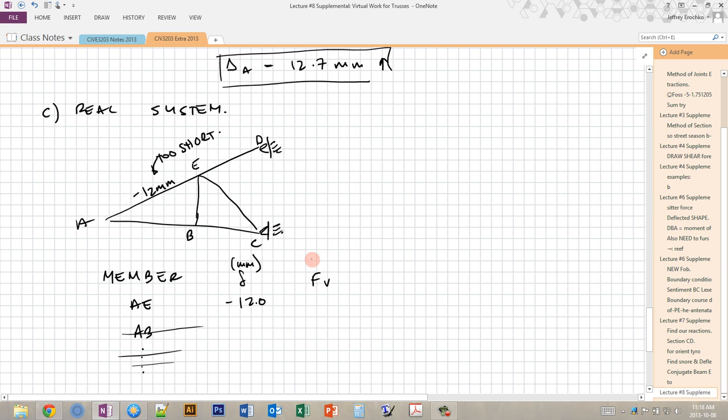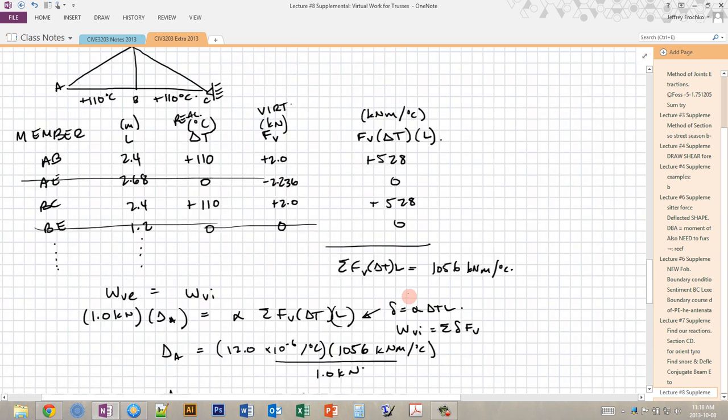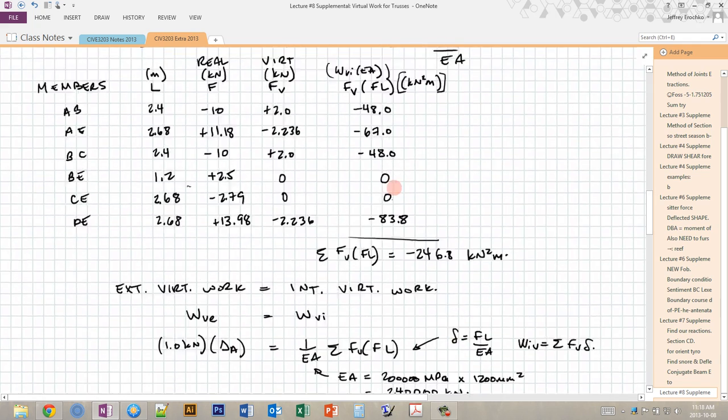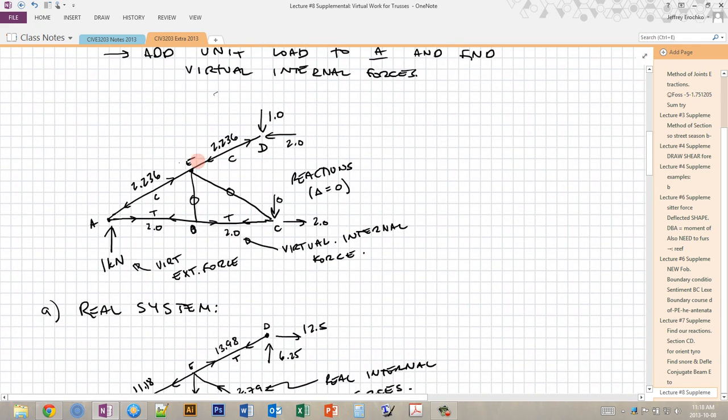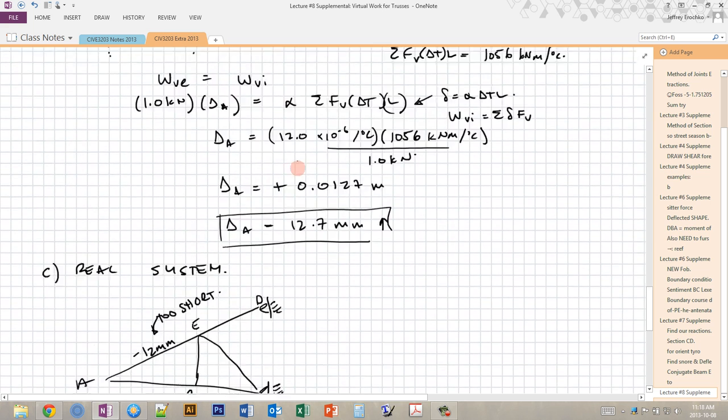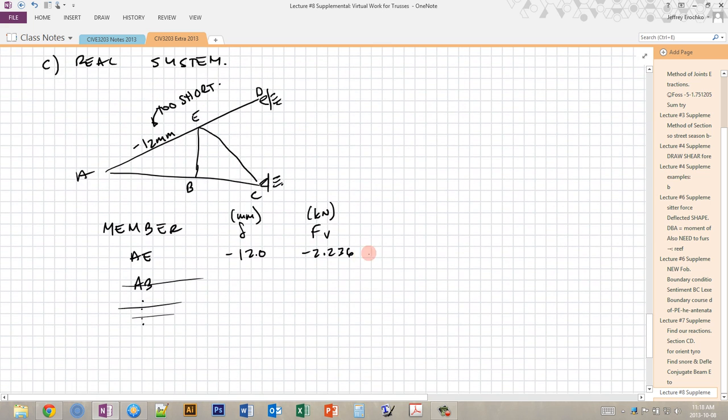Then we have our internal virtual force for that member, which is negative 2.236, which is just taken straight from our virtual work calculation up here. 2.236 compression, so negative. And here we can calculate directly our internal virtual work, WIV, which is delta times the FV.